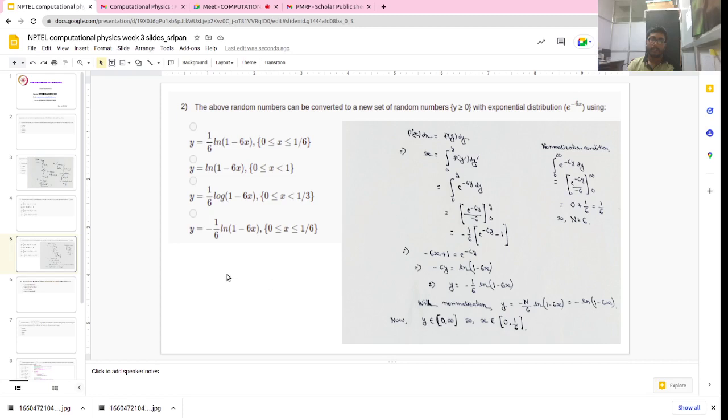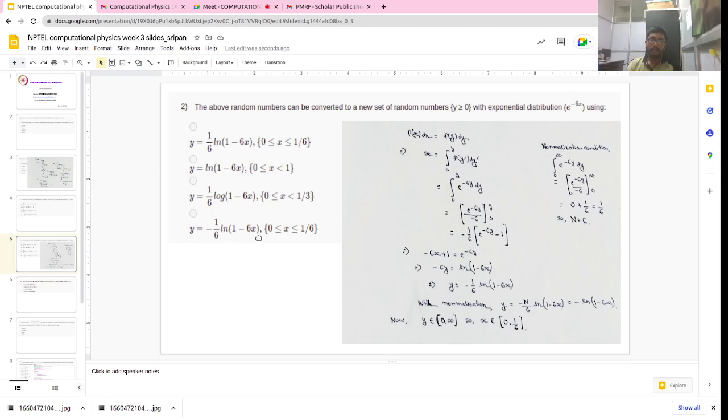So for an exponential distribution, the lower range will be 0 and the upper will be infinity. So y will have a lower range of 0 and an upper range of infinity, right? If you look at x equal to 0, it will give you ln 1, which will be 0.